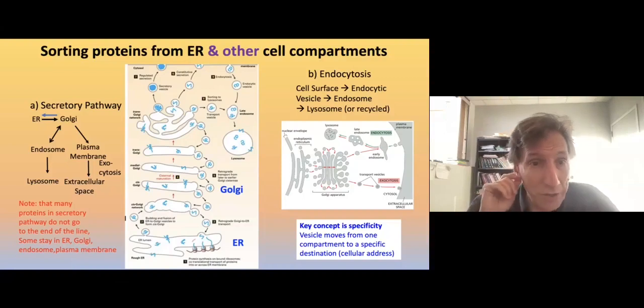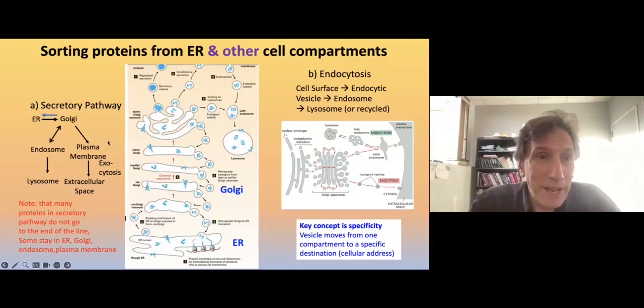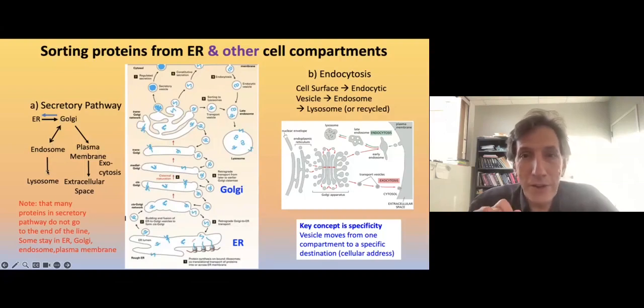It's called the secretory pathway, probably because a lot of the proteins that go through this pathway end up secreted, that is, in the extracellular space. But many of the proteins that go through this pathway don't go all the way to the end. They are, for example, transmembrane proteins on the plasma membrane, or proteins in the Golgi, endosome, and lysosome.